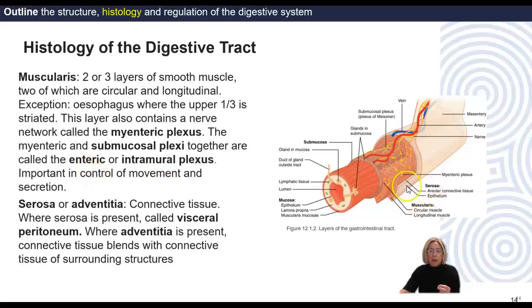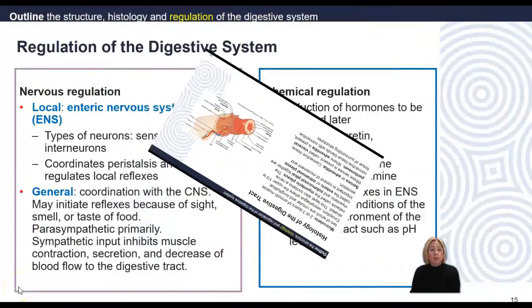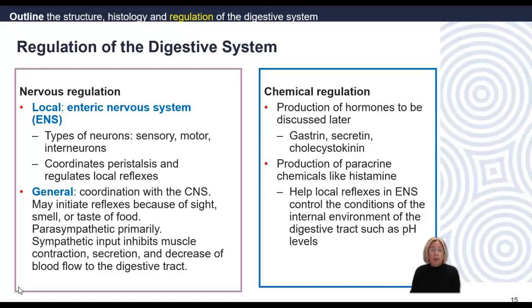The outer layer then is the serosa, or sometimes called adventitia. It's connective tissue, right? Where the serosa is present, it's called visceral peritoneum, and where adventitia is present, the connective tissue then blends with connective tissue of surrounding structures. So the digestive system is under nervous system regulation and also chemical regulation.